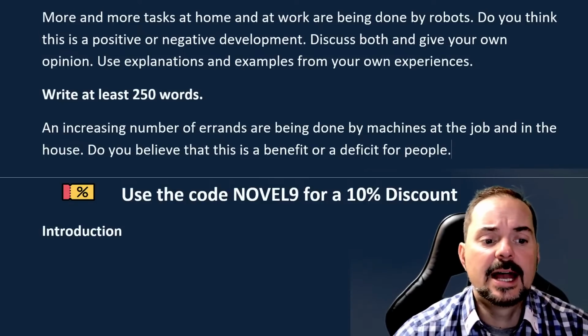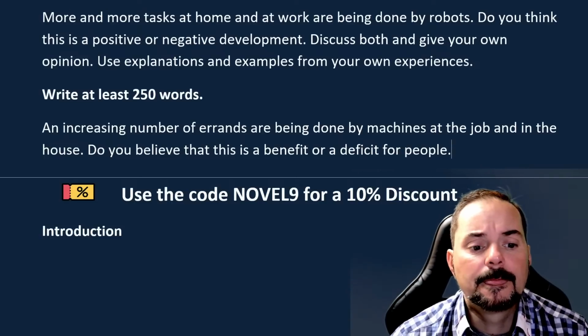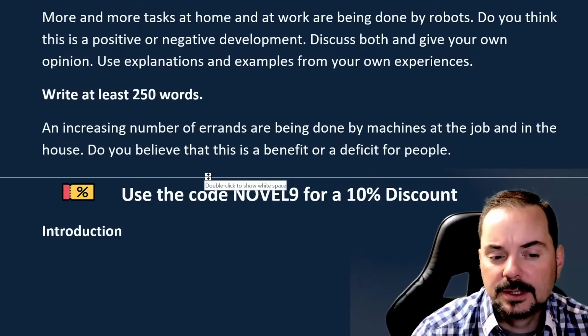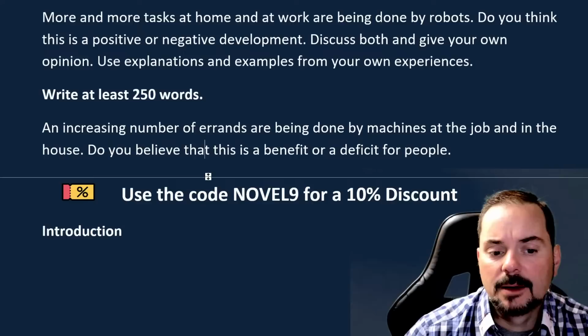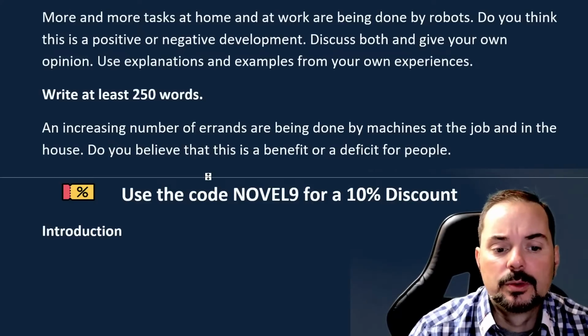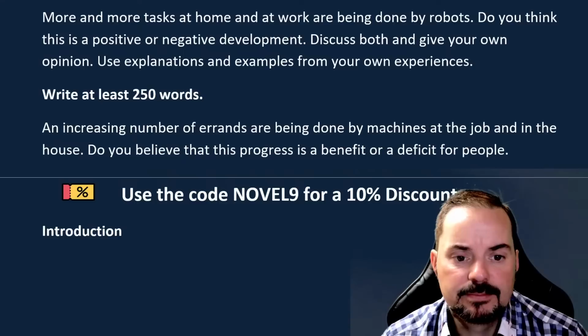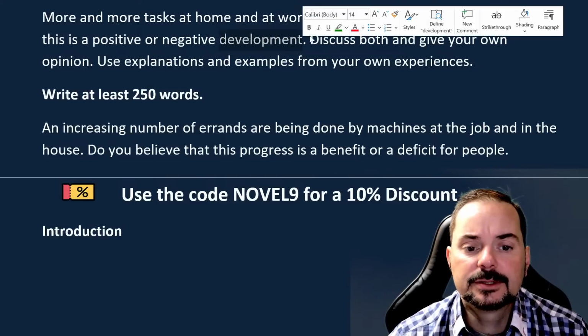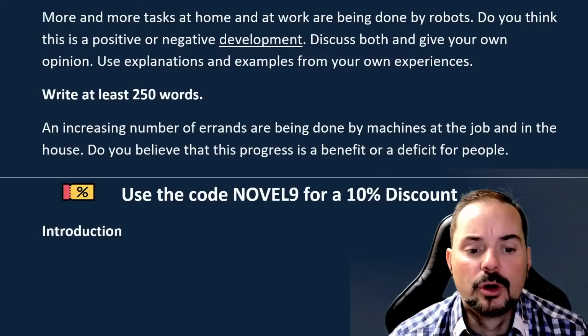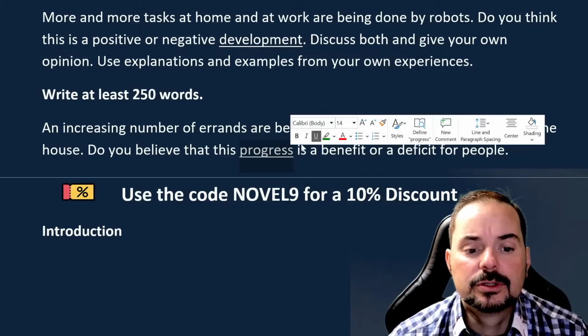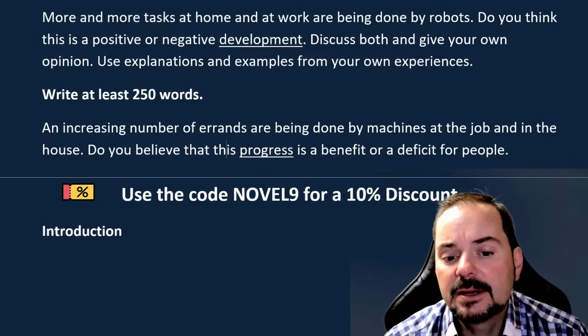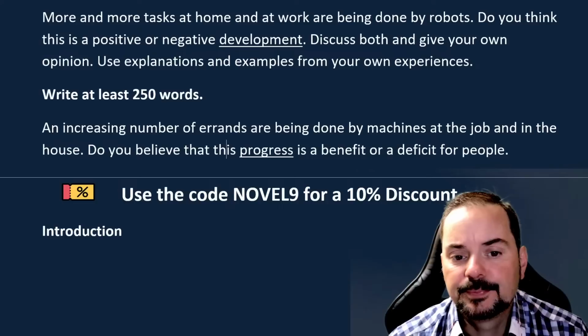Okay, and to be more accurate, I'm going to say, do you believe that this progress, so the word development we can paraphrase as progress. Okay, development, progress. So do you believe that this progress is a benefit or deficit for people? Okay.